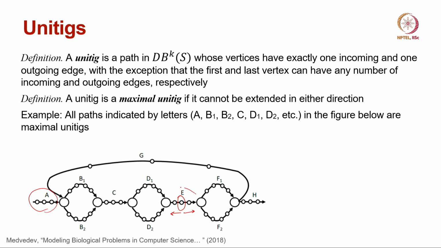So, a maximal unitig will be this entire path in the graph, because once you have this entire path I cannot extend it further without violating the unitig property. If I extend it further, let us say I consider EF1, then there is a vertex in the middle which would have two outgoing edges, which would violate the property of a unitig. So, EF1 is not a maximal unitig, but E is a maximal unitig.